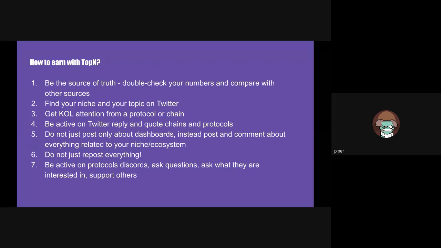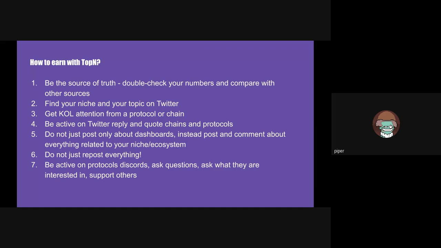Also, another good tip: on Twitter, we have seen almost everything, but there are still a lot of niches left. Don't be the guy who just writes about airdrops, for example.